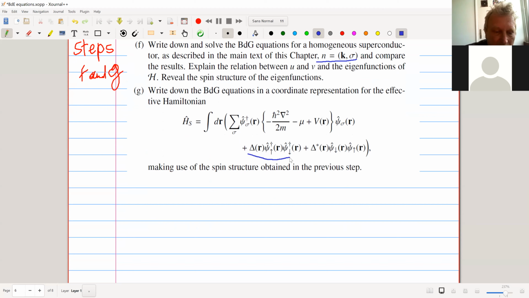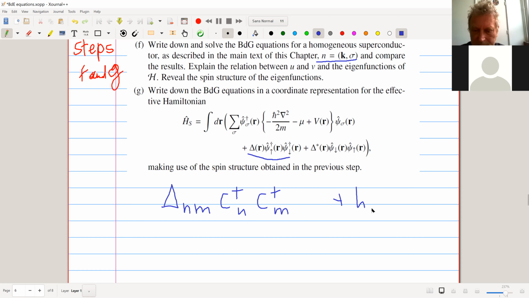We've been talking about these matrices. Remember, there was also a conjugated term.